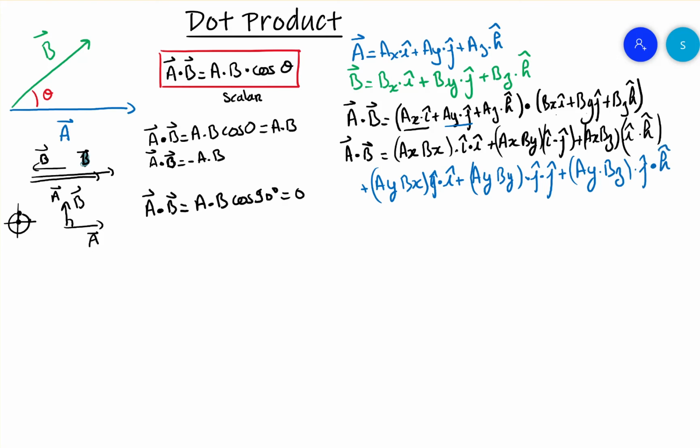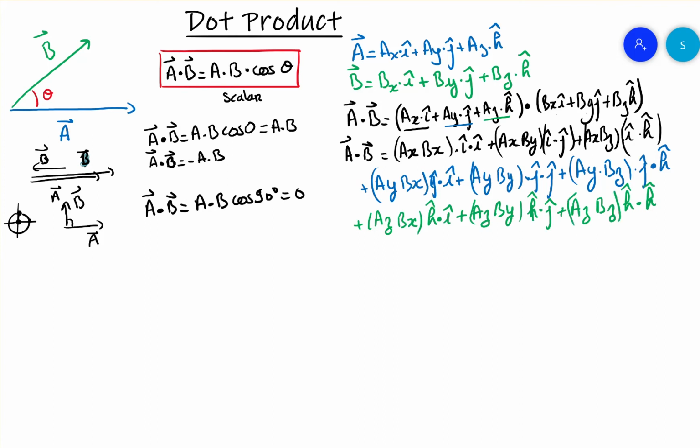So that's for Ay. And now for Az: plus Az Bx k hat dot i hat, plus Az By times k hat dot j hat, and plus Az Bz k hat dot k hat.